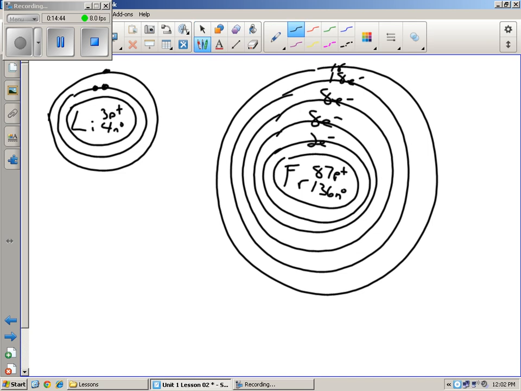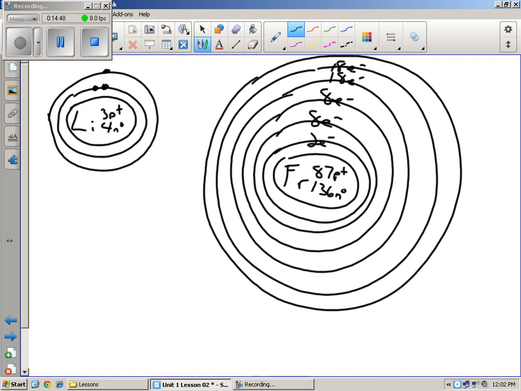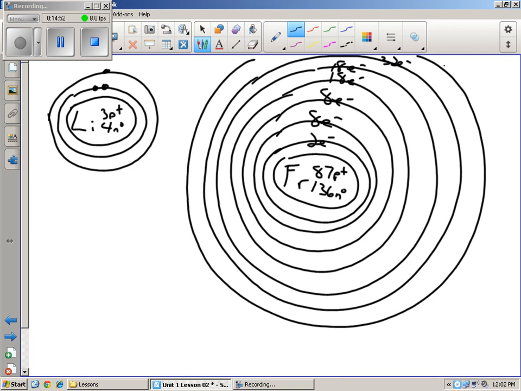So 18, right? 32 and 1. Okay? That's what francium looks like. I ran out of room. I wish smart boards were smart, or I wish they were twice as wide. Widescreen. So that's the difference between these two.